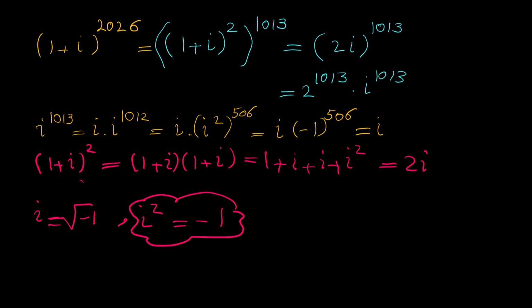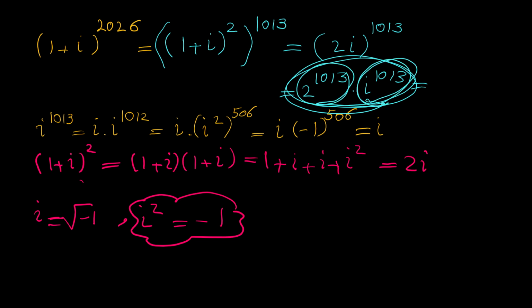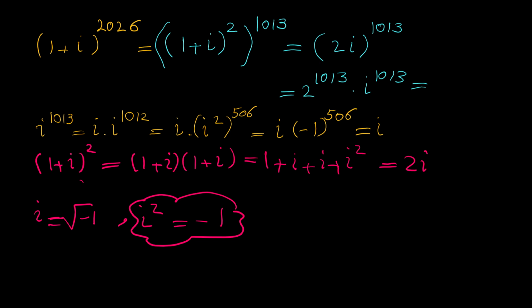So we can write this in the form of 2 to the power of 1013 times i, and this is our final answer for this question. So 1 plus i to the power of 2026 is equal to 2 to the power of 1013 times i.